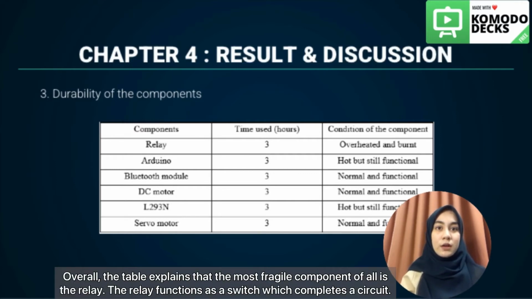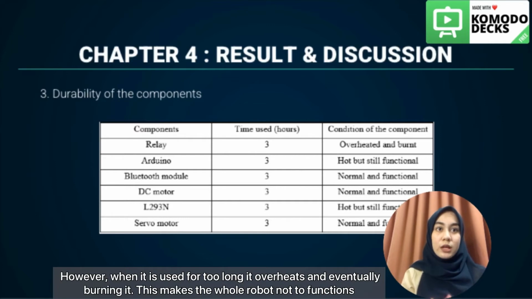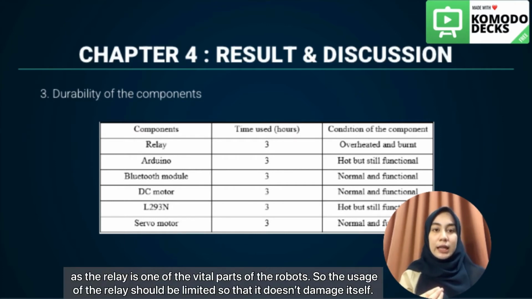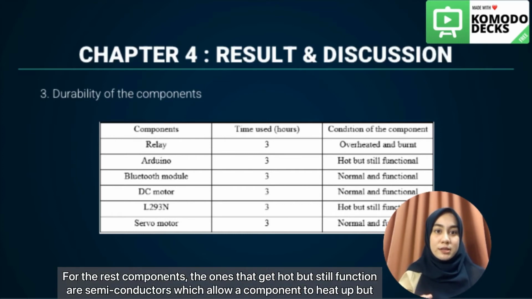Overall, the table explains that the most fragile component of all is the relay. The relay functions as a switch which completes a circuit. However, when it is used for too long, it overheats and eventually burns out. This makes the whole robot stop functioning, as the relay is one of the vital parts of the robot, so its usage should be limited so that it doesn't damage itself.